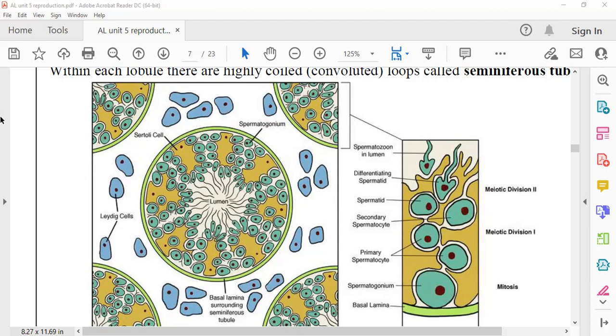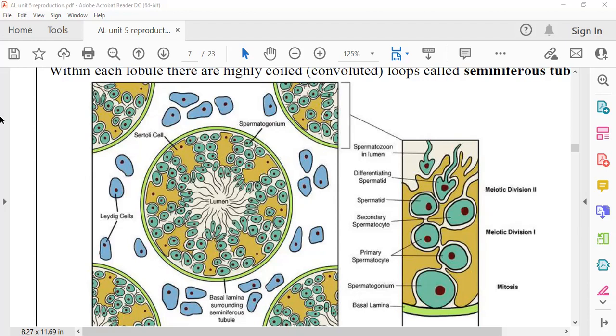Spermatogonium, primary spermatocyte, secondary spermatocyte, spermatid, differentiating spermatid, spermatozoa. Right. Sertoli cells. Can you see this yellow color portion is actually representing Sertoli cells.